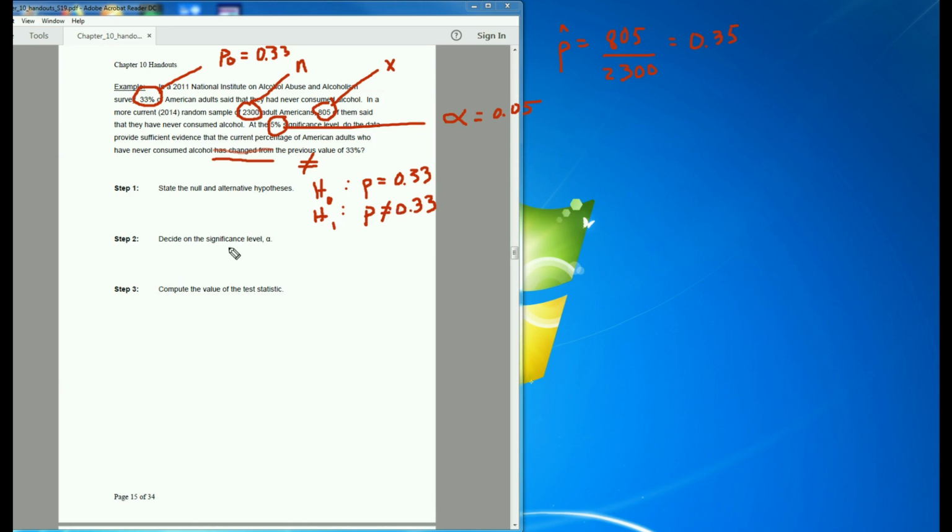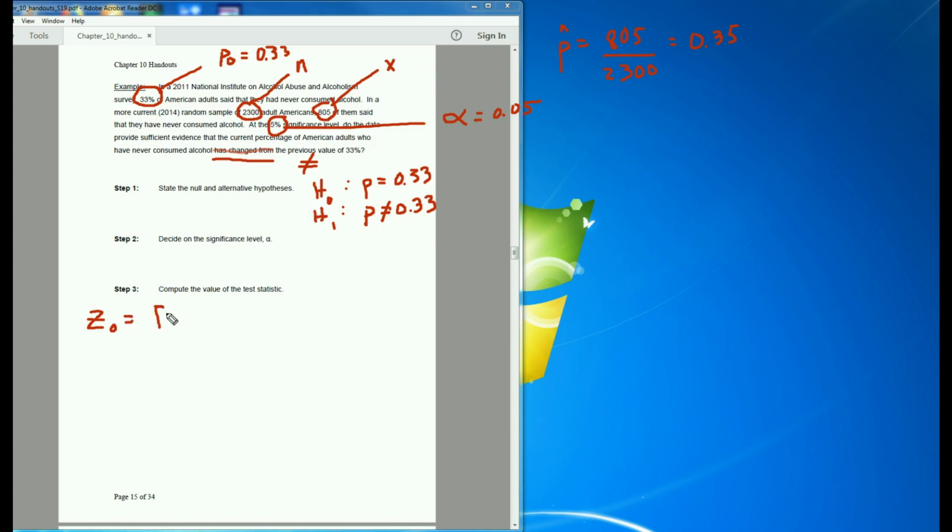Step 2, significance level alpha. We already discovered that up here, that alpha equals 0.05. Step 3, compute the value of the test statistic. Remember that is your z sub 0, which is based on your sample data.